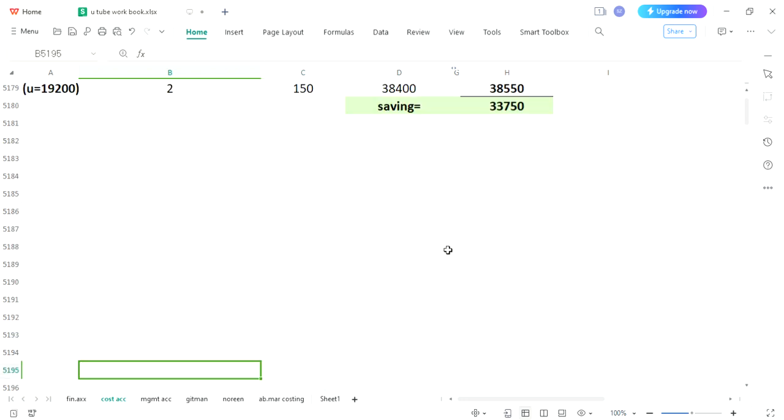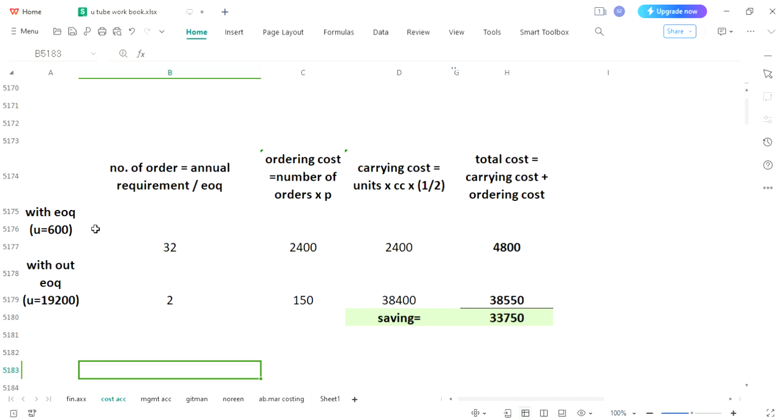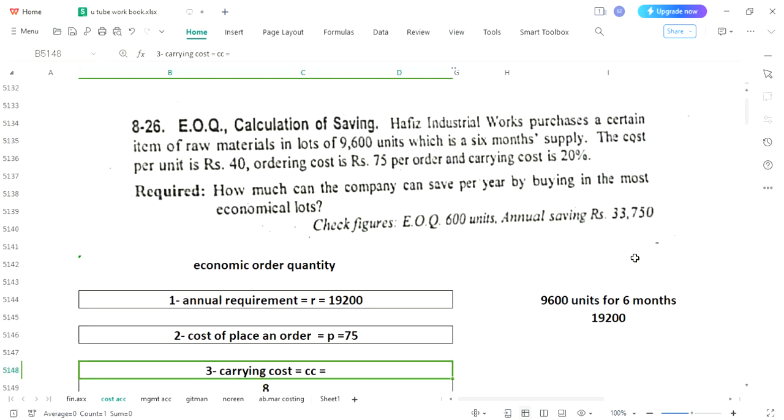Then we made a table to calculate the saving, where we calculated total cost with or without economic order quantity. Saving 33,750 was calculated, and here 33,750. Both answers were matched. Question is reviewed. It means 8.26 has been completed.